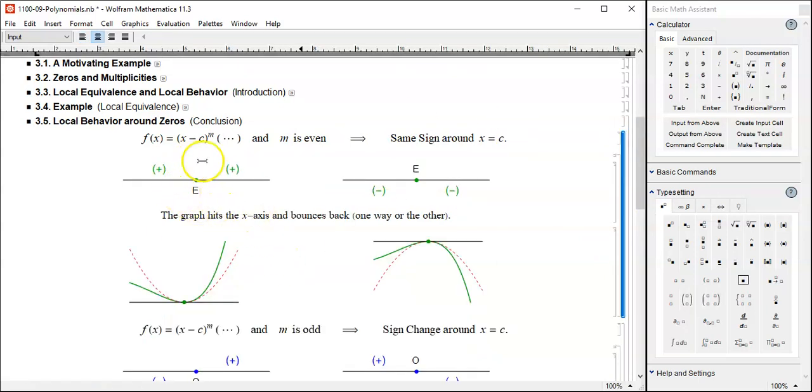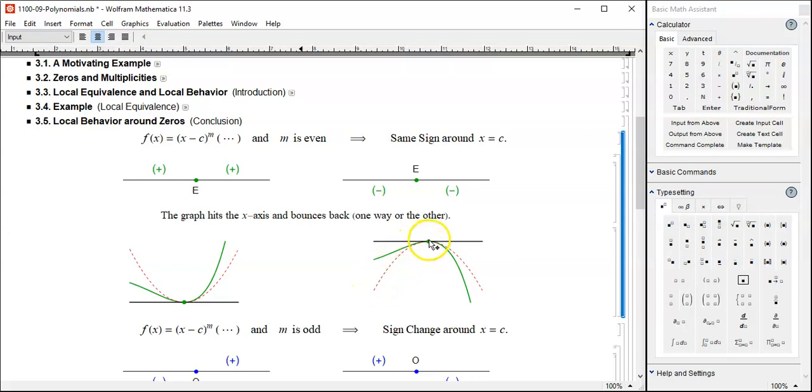Even multiplicity, no sign change. If one is plus, the other is plus. One is negative, the other is negative. And the graphical justification, here they are. We have some constant q of c times x minus c to the even power.